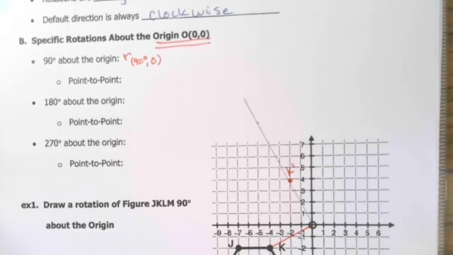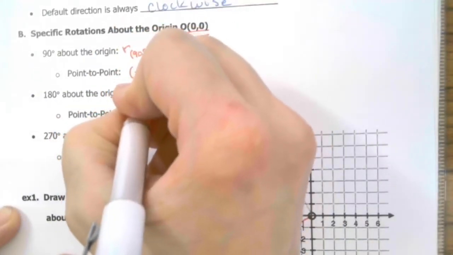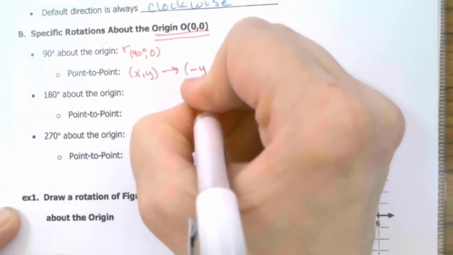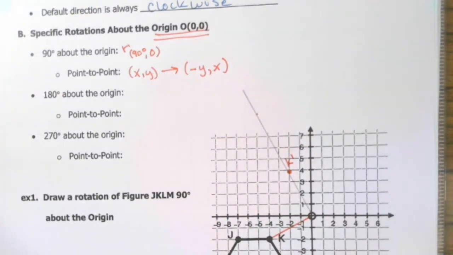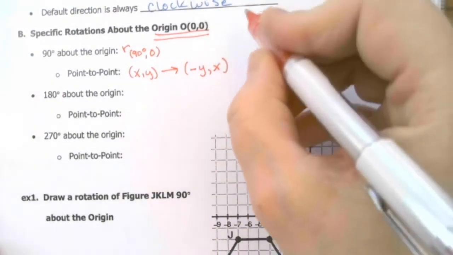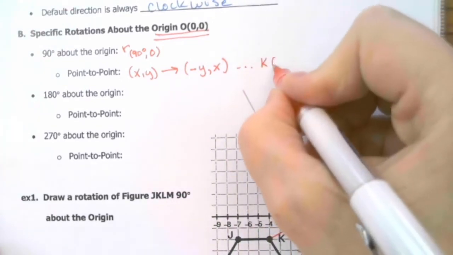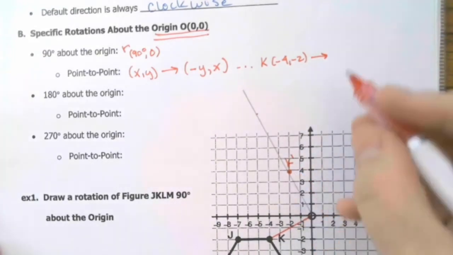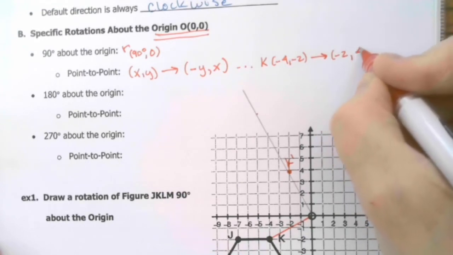Now there is actually a point-to-point formula that you can also use. You might figure it out just from what's here. The point-to-point formula is you take every point x, y, and you multiply the y by a -1 and switch the x and y. In this case that we just did, point K was originally at -4, -2, and when we rotated it, K prime was at -2, +4.